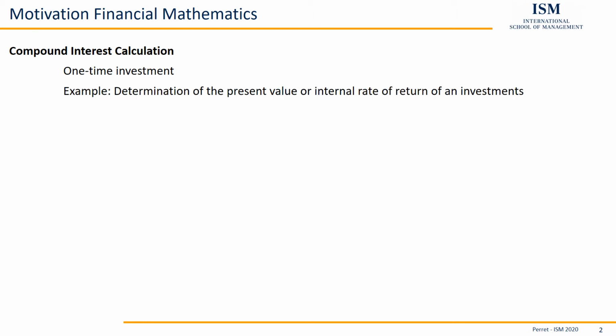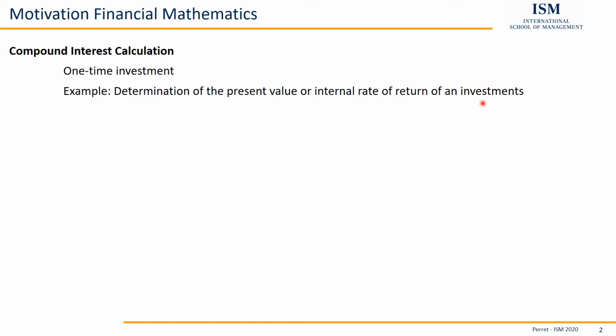And there are two possible applications. You're interested in determining what is the present value of an investment or the final value of this investment. Or you might even have the initial and the final value. So you invested some money, 5 years later you know what your investment is worth, and you want to know what the internal rate of return of this investment was.